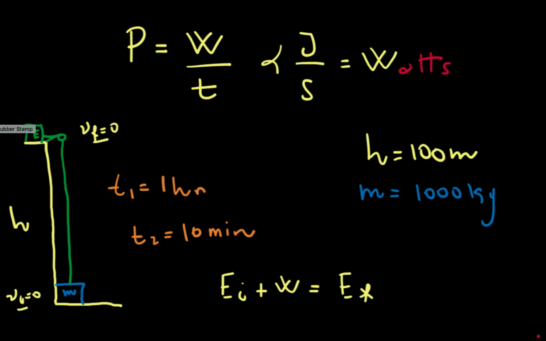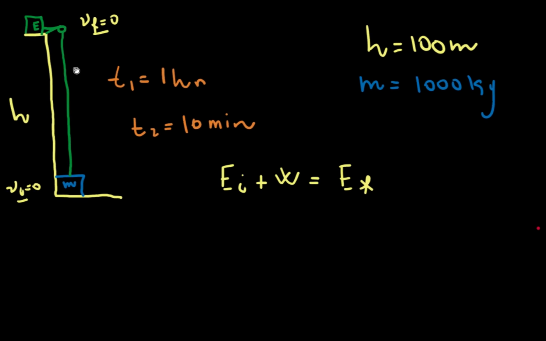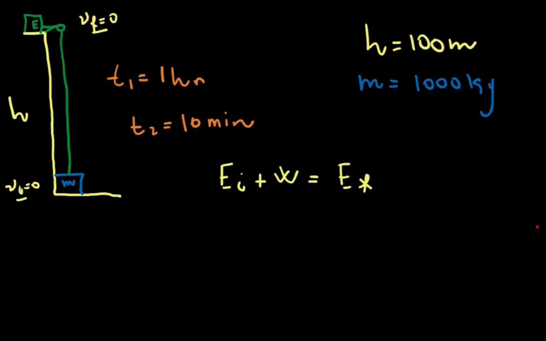Now we expand this. The total energy is all forms of energy. In this case, we're just looking at kinetic energy and gravitational potential energy, because it's going up and down, and work done.